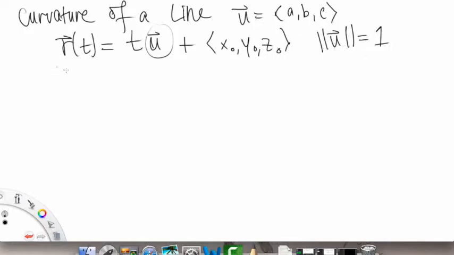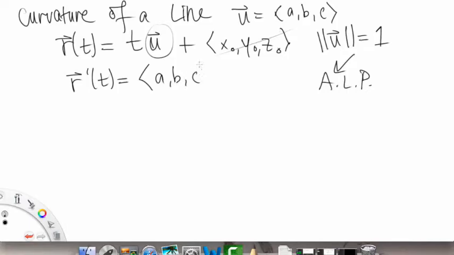If you take the first derivative, the position vector goes away because those are just numbers. The t turns into (a, b, c), because those are the coefficients of t. This is equal to the vector u, and if you take the magnitude of it, we just get 1.